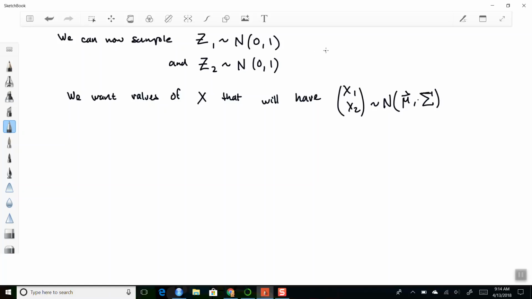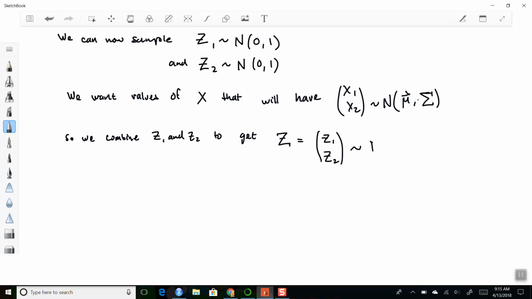So we combine Z1 and Z2 to get just Z. So Z is equal to Z1 and Z2.